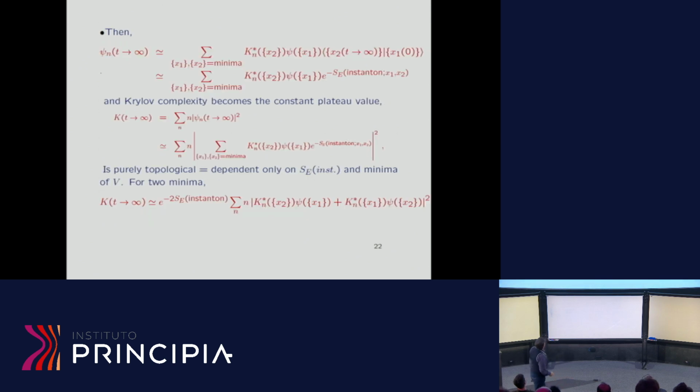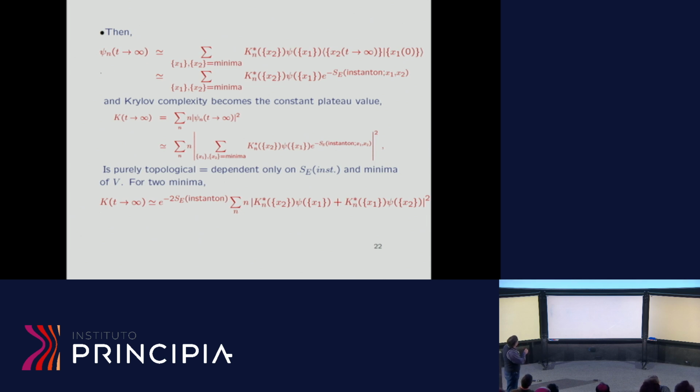So finally, psi n, the projection of psi of t over the Krylov basis at infinite time, should go over to this in the chaotic case. And so the Krylov complexity should become this constant value written in here that is now independent of time.